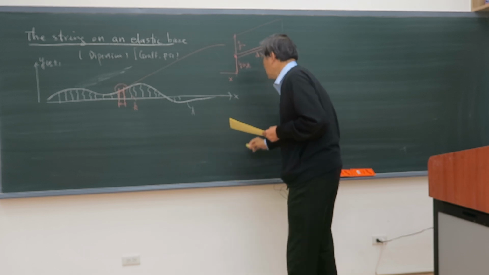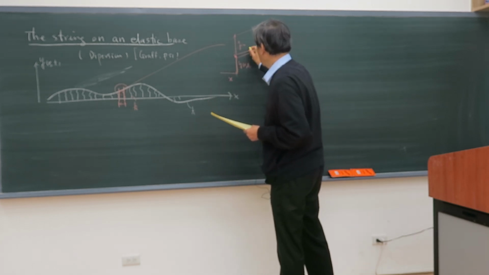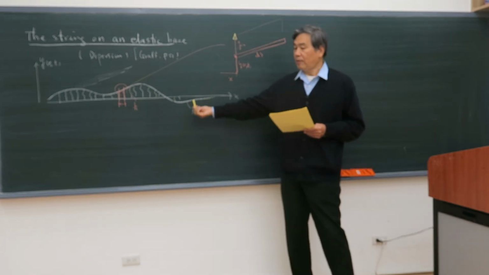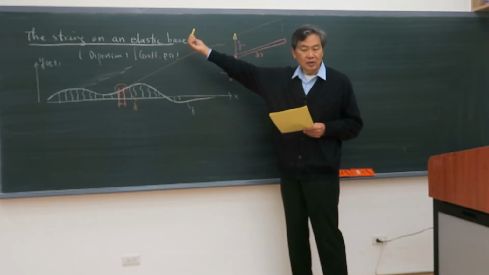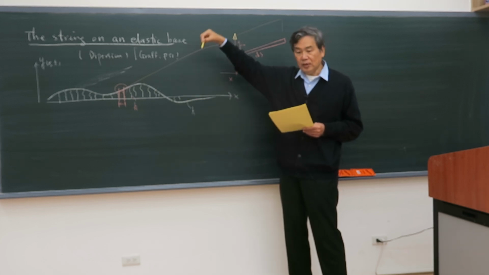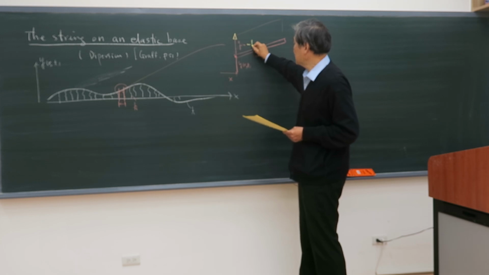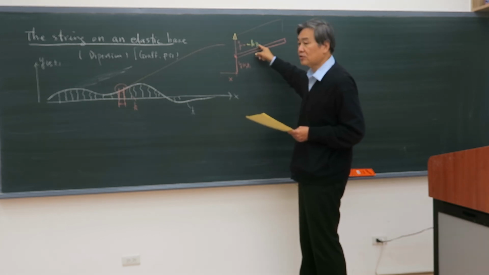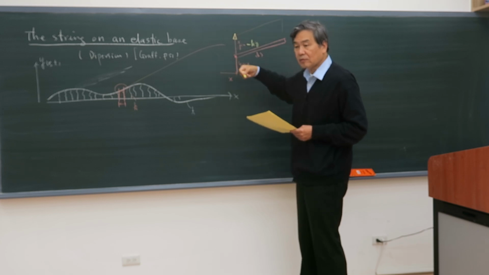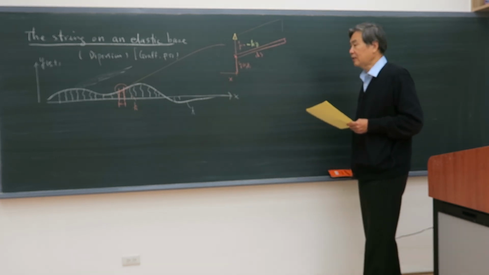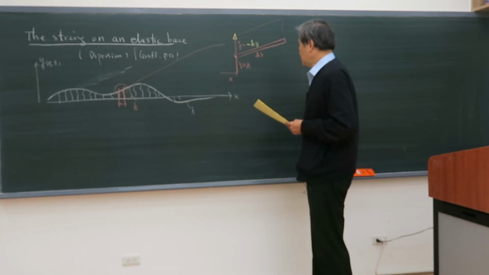External loading is Q, and Q will be defined positive upward. If I have a positive deflection in the Y direction, then the spring gives me a force downward. So this is minus Ky.